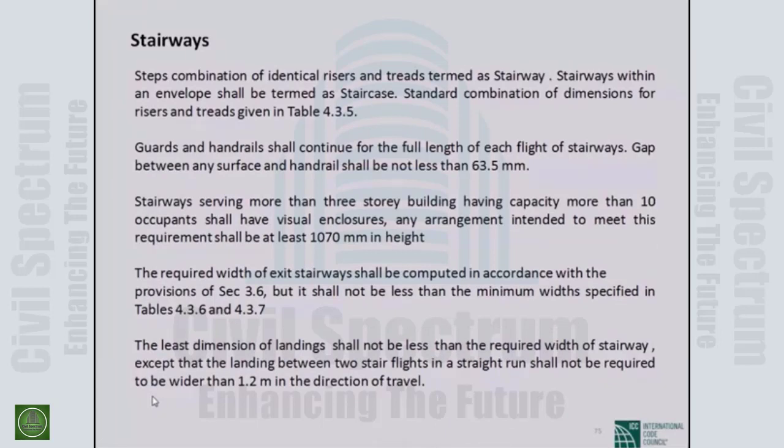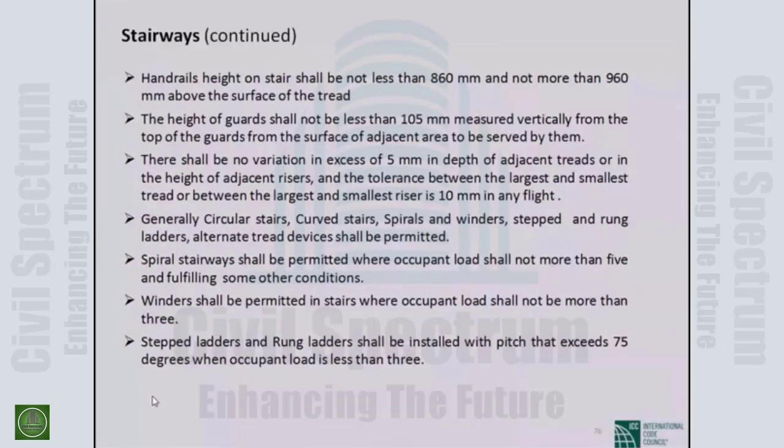For a stairway, there are a lot of parameters you have to consider. For every step, there are other parameters. And particularly for a curved stairway or windows, you have to be careful about the number of population.